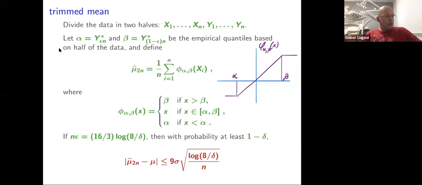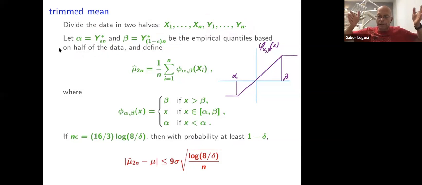In the first step, I look at the empirical epsilon and 1 minus epsilon quantiles of the second half of the data. So this is the epsilon n-th smallest y_i, and this is the epsilon n-th largest y_i.